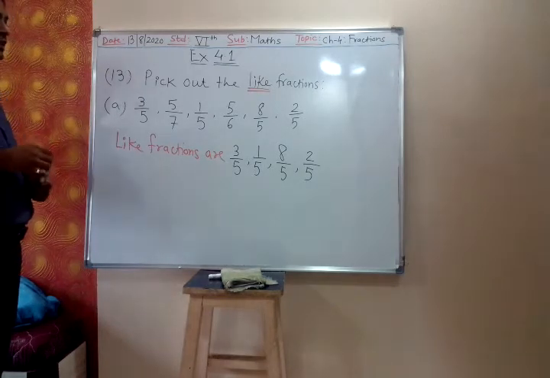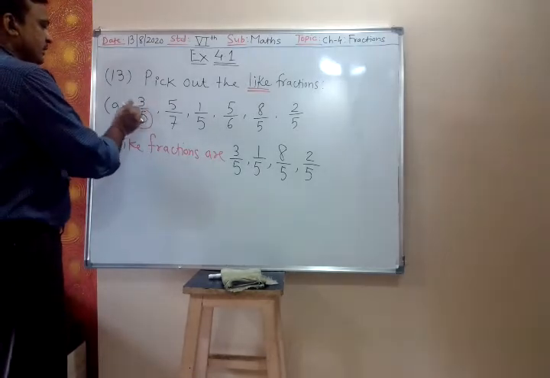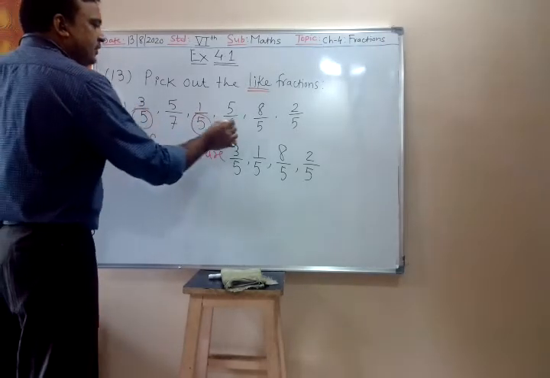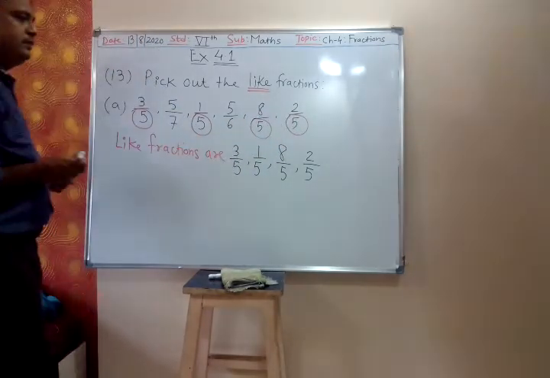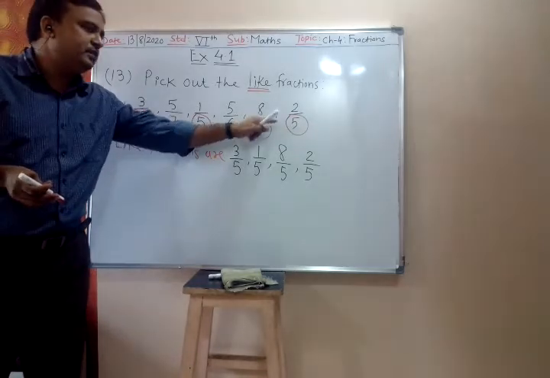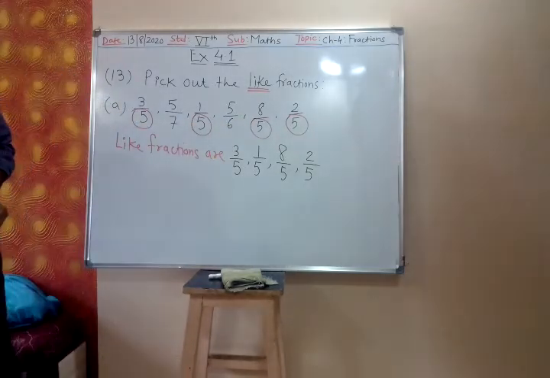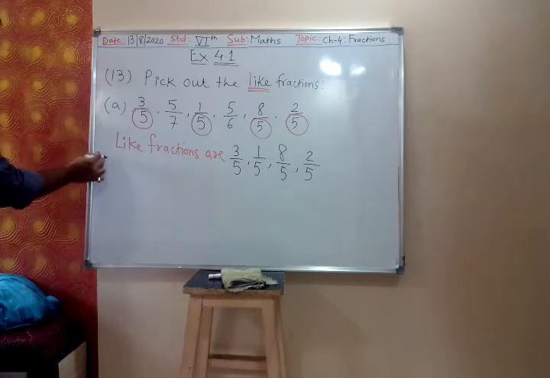Like fraction means denominator must be same. So all these four fractions have same denominator 5. So they are like fractions. Now B.